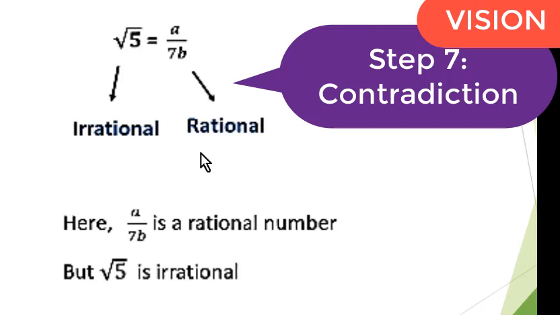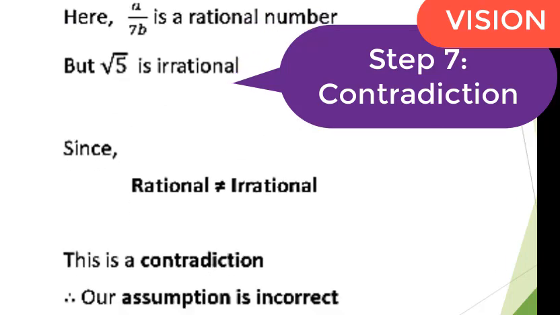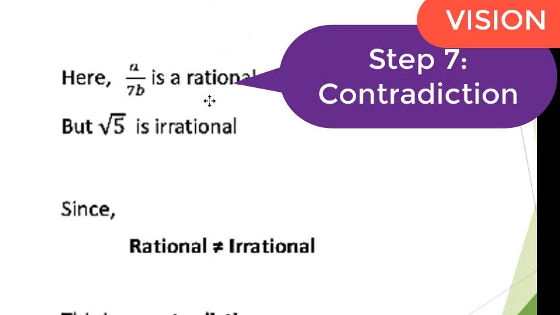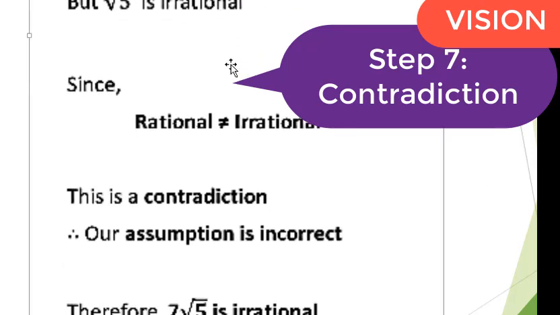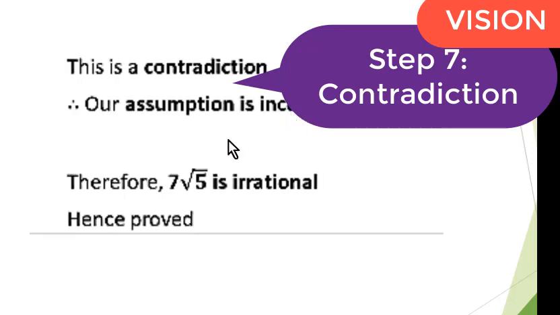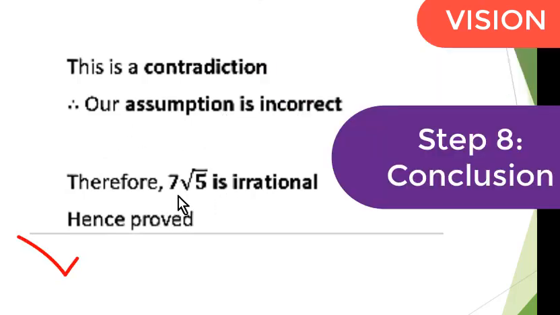This is not possible, so this is a contradiction. So we declare that our assumption is incorrect. Let me move to the conclusion phase. In step number 7 we got the contradiction, so we conclude that 7 root 5 is an irrational number. That's all about this problem.